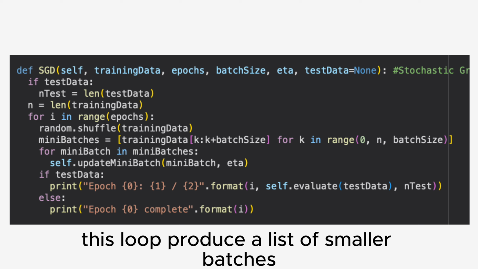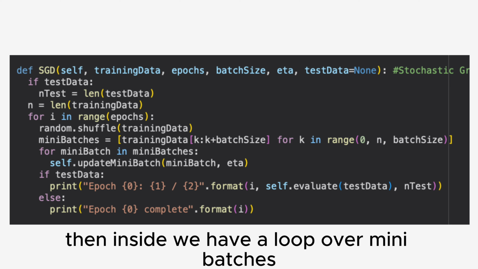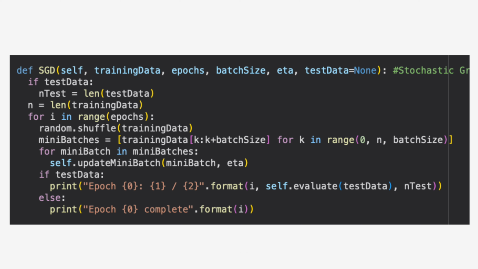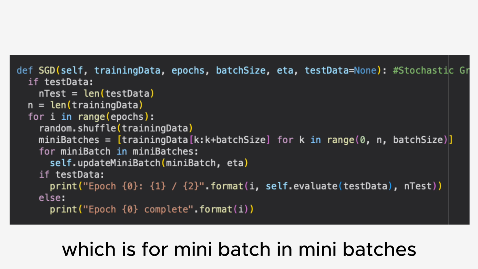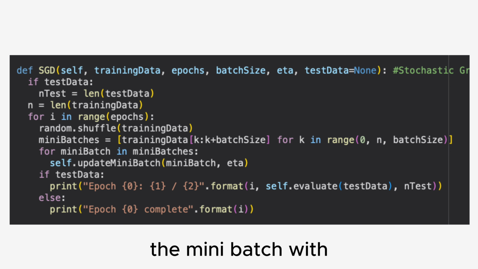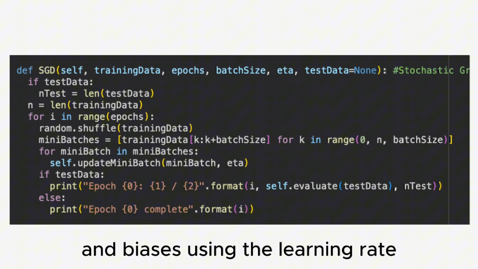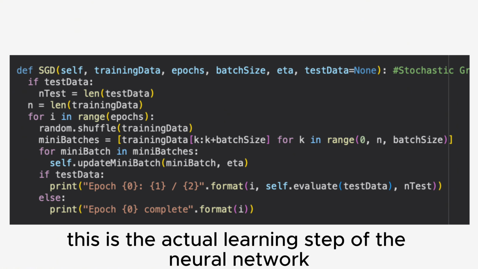This loop produces a list of smaller batches. Then inside we have a loop over mini batches, which is for mini batch in mini batches. It goes through every mini batch and then updates the mini batch with compute gradients and then updates the weights and biases using the learning rate. This is the actual learning step of the neural network.